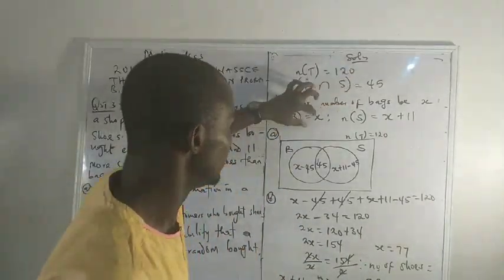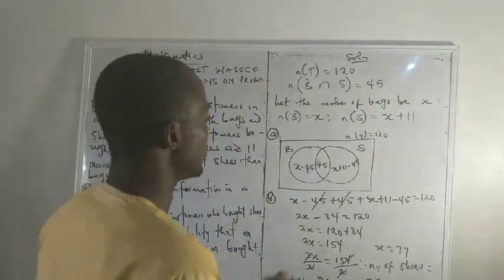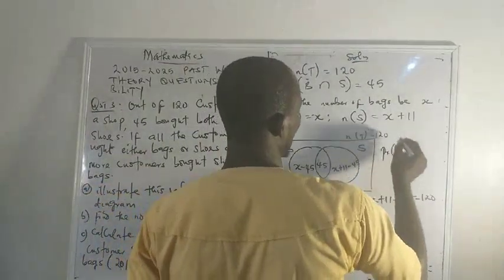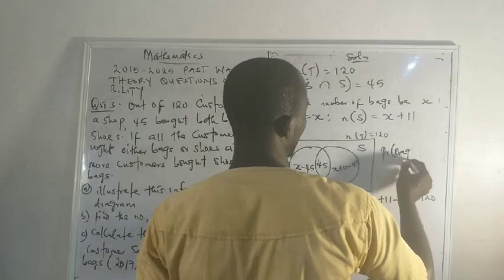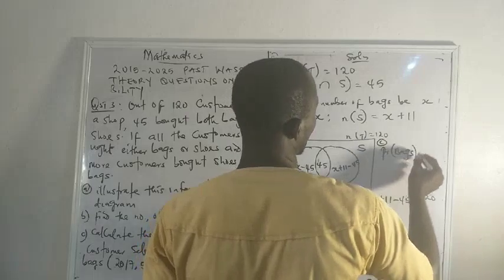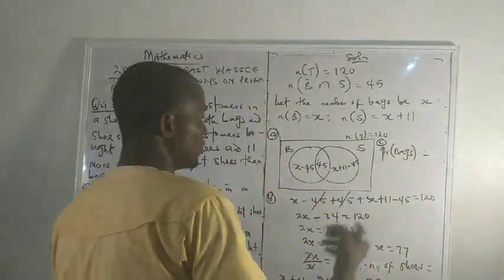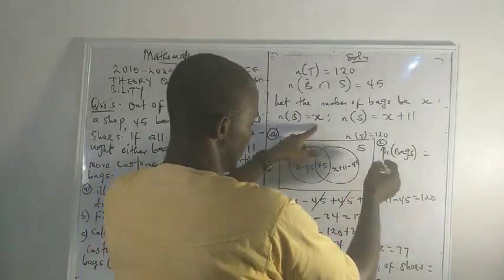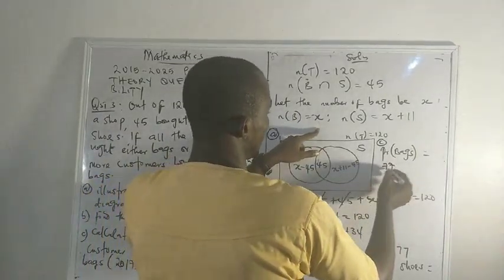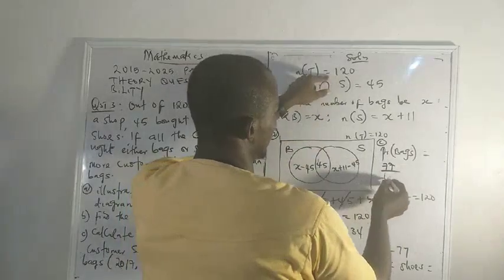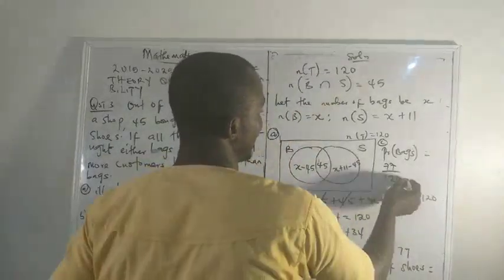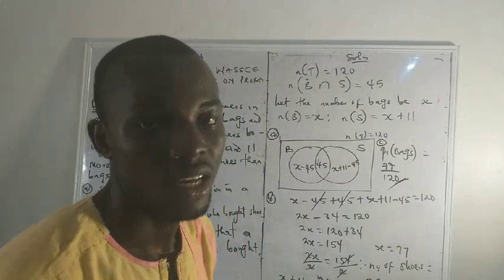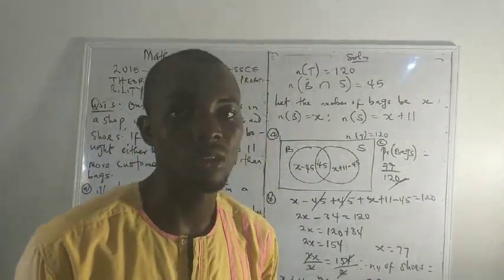So, probability that a customer bought bags is equal to number of required over total. How many bags? We have 77. Total is what? 120. And that answers the question. That is all for this particular question.